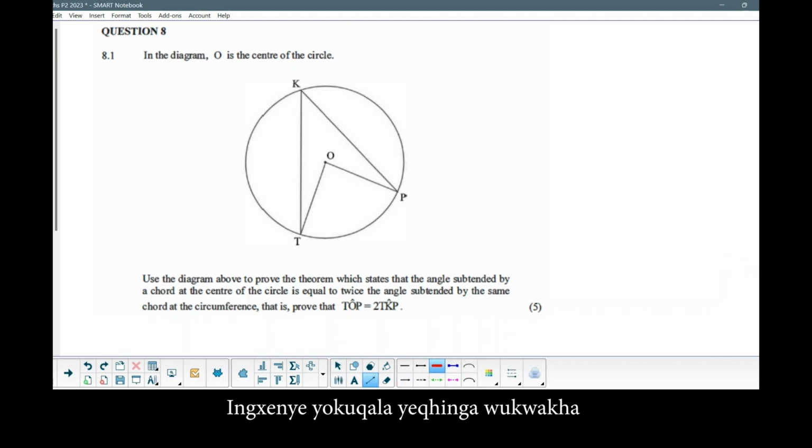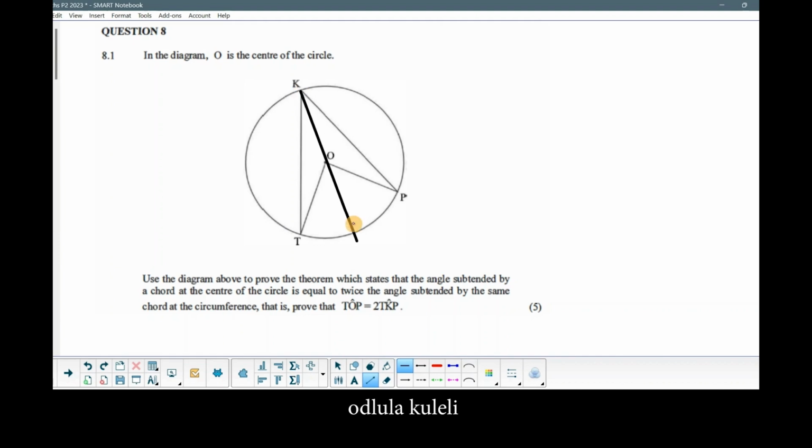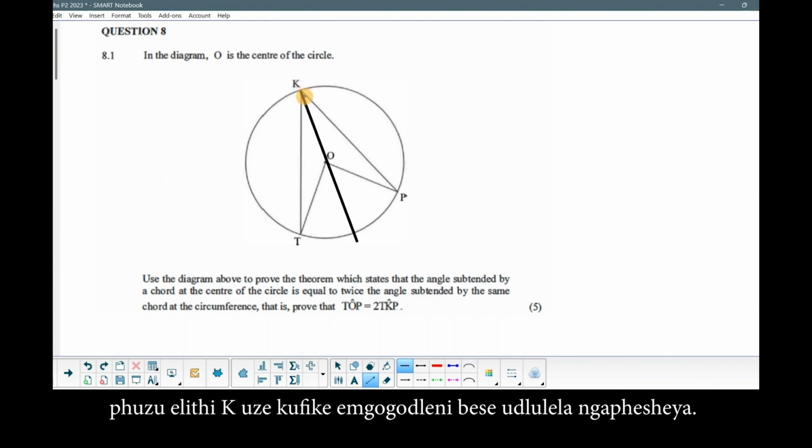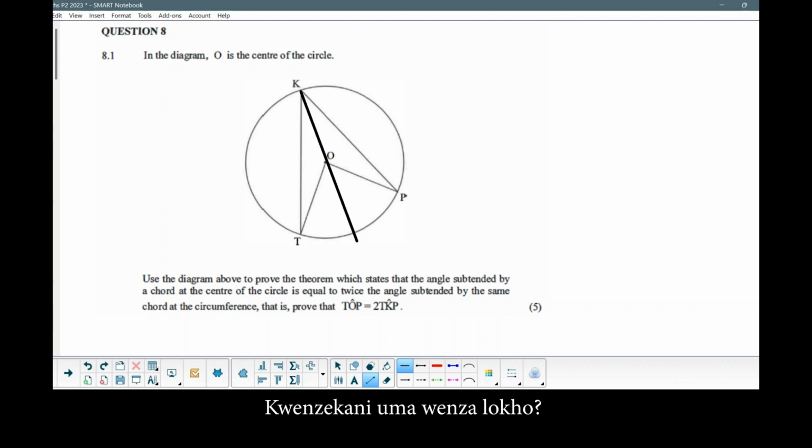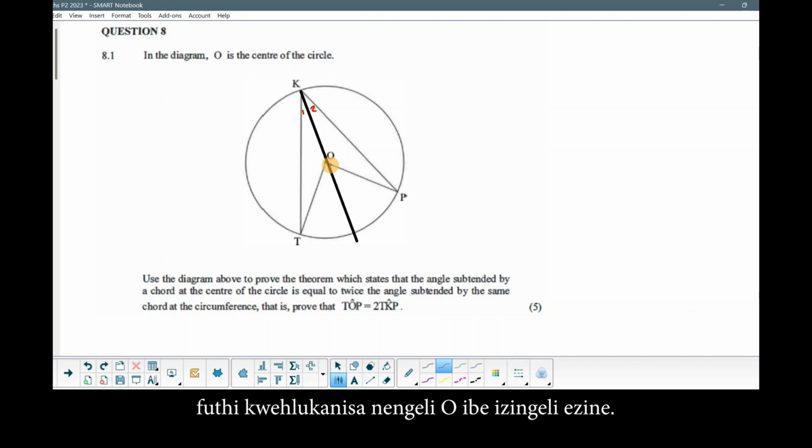So the first part of the strategy is to construct. And the first thing you will construct is a line passing from this point K through the center and working across. What happens when you do that? It splits angle K into angle 1 and angle 2, and also splits angle O into 4 angles, but I'm focusing on O1 and O2 for now.